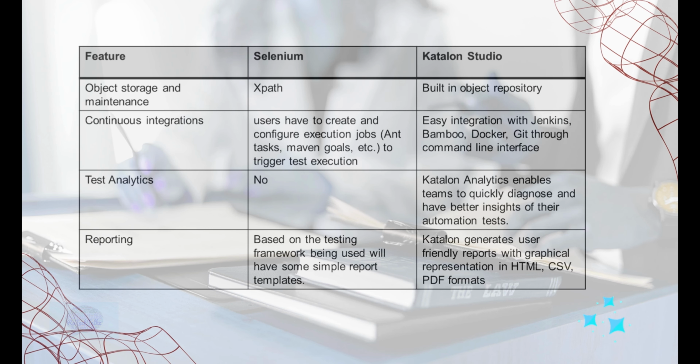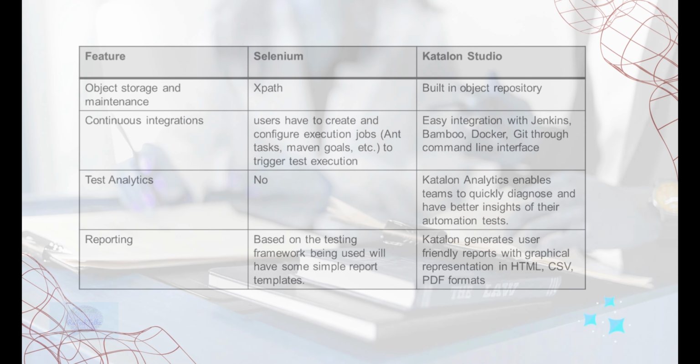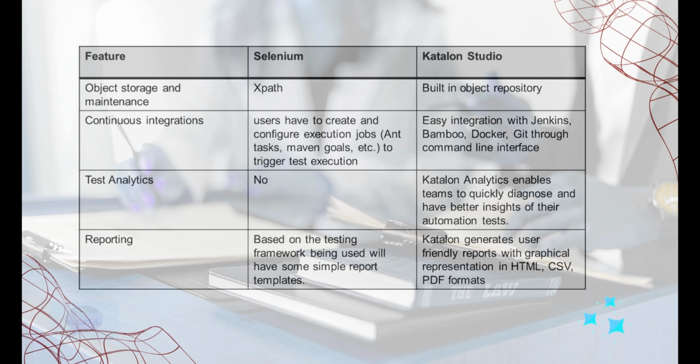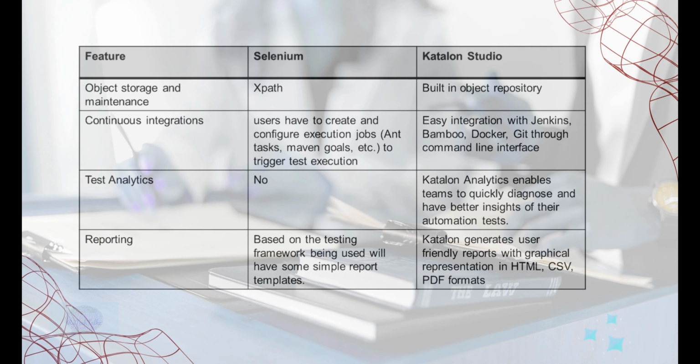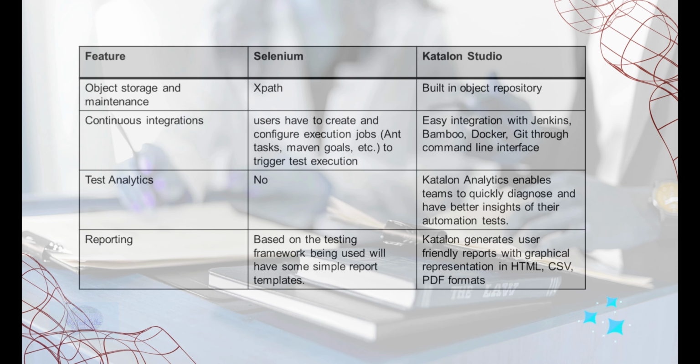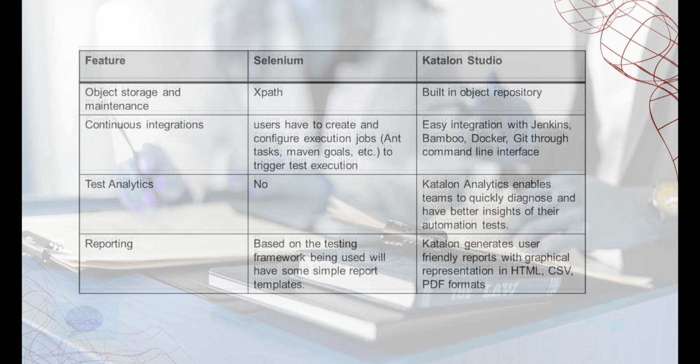It finds the XPath easily on its own. About continuous integration, users have to create and configure execution jobs to trigger test execution on Selenium, whereas in Katalon Studio, it's easy integration with Jenkins, Bamboo, Docker, Git through the command line interface.